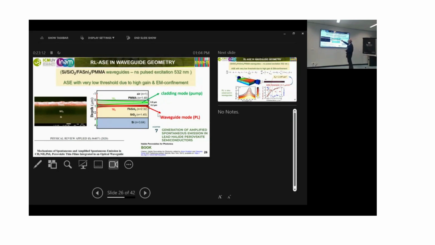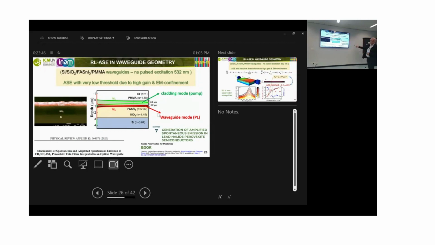The device consists of a silicon dioxide layer, typically 2 microns, in order to confine the emitted light, in this case, as mentioned before, around 900 nanometer. It's practically a monomode waveguide, coupled with a PMMA of around 1 micron on top. Okay, you can have more information in our previous works.